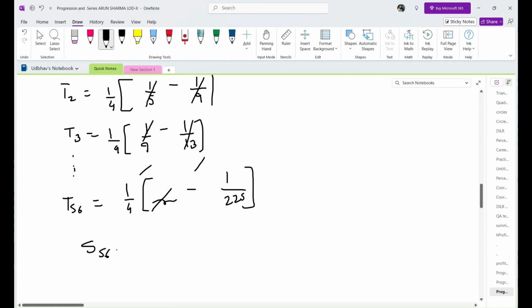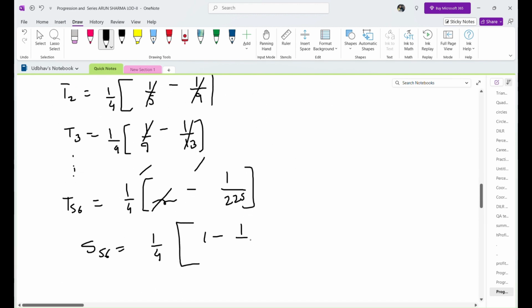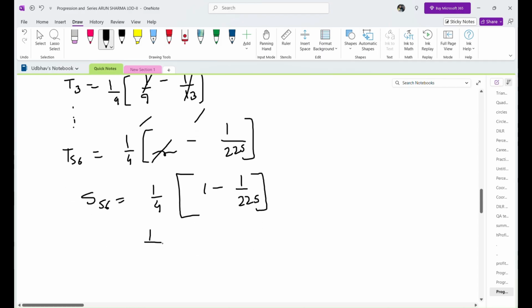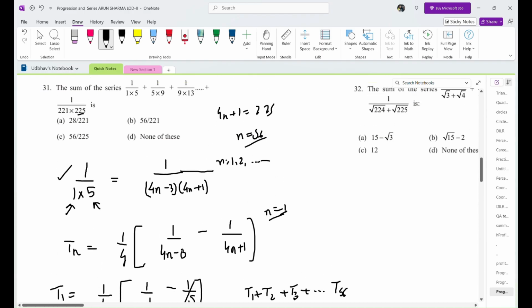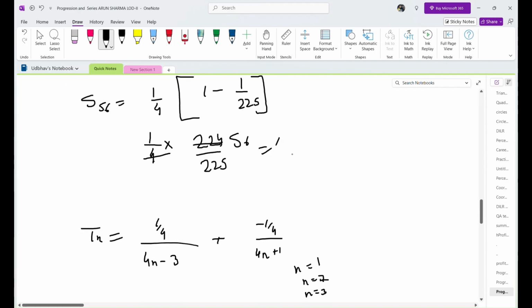So the sum of 56 terms will be 1 upon 4 (1 minus 1 upon 225), 1 upon 4 into 224 upon 225, 56 upon 225.